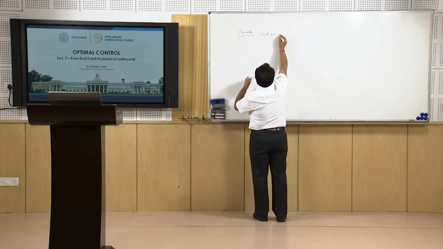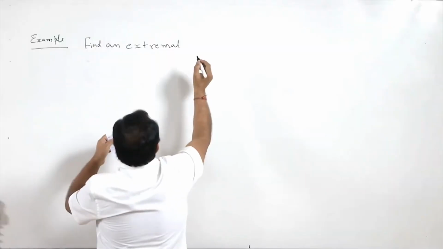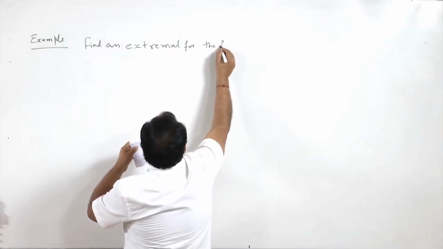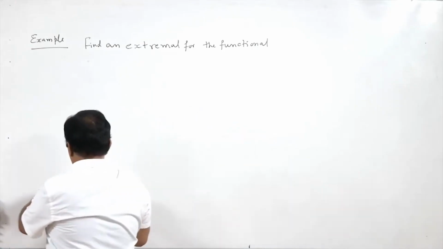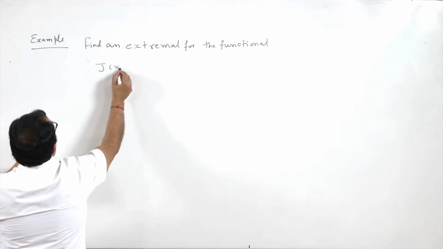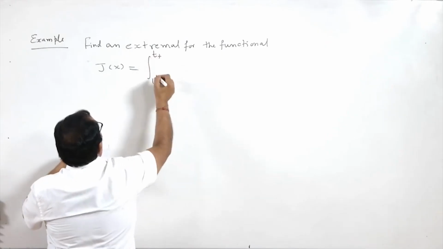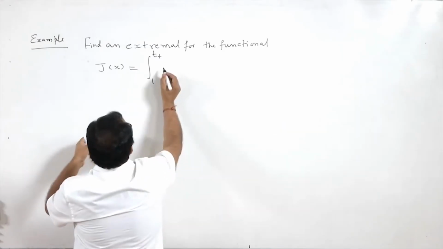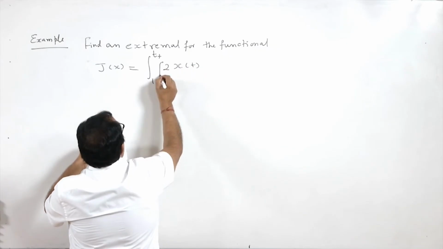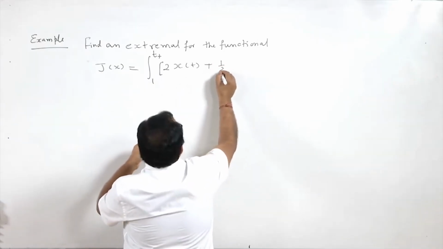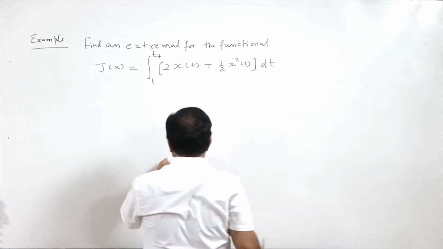Find an extremal for the functional J(x), the integral from 1 to tf, means the initial time is given as 1, of 2x(t) plus 1 by 2 x dot square of t, dt.